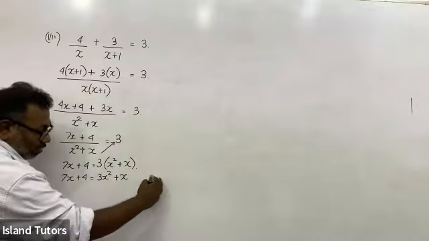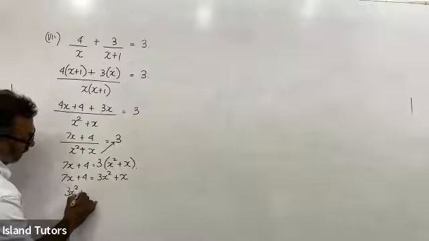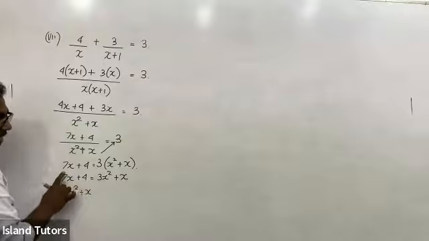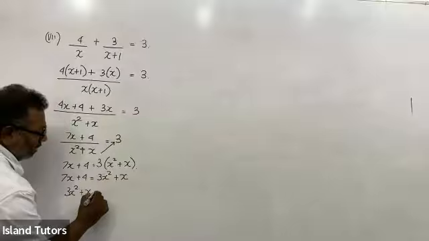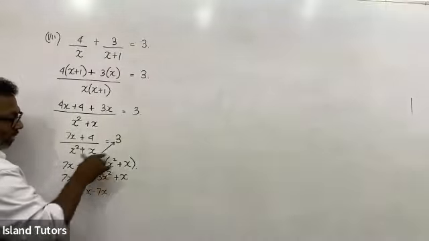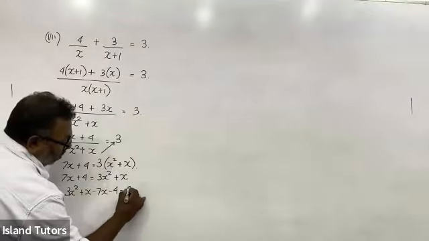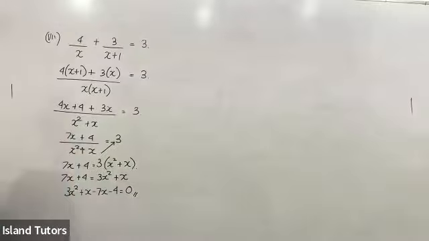Take everything to one side. So 3x squared plus 3x. 7x when it comes to this side becomes minus 7x. Plus 4 when it comes to the other side of the equal sign, minus 4 is equal to 0.